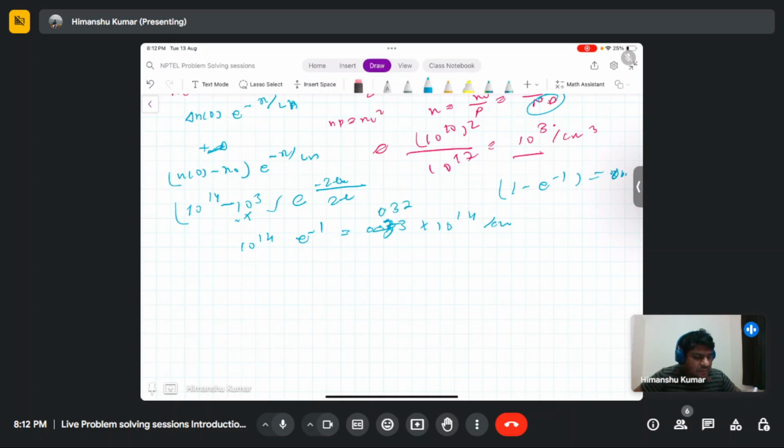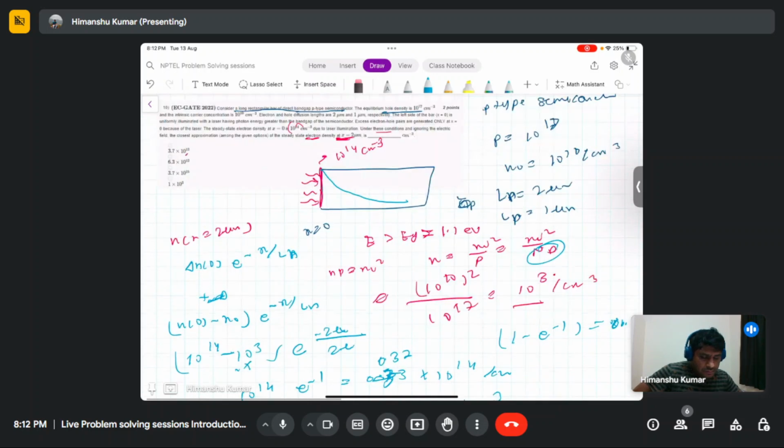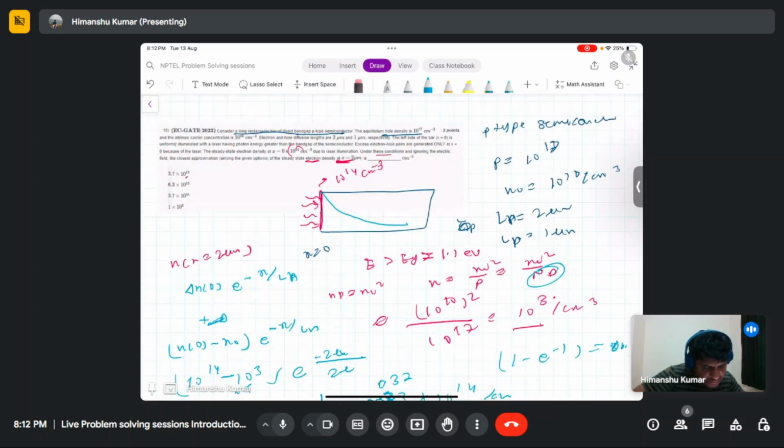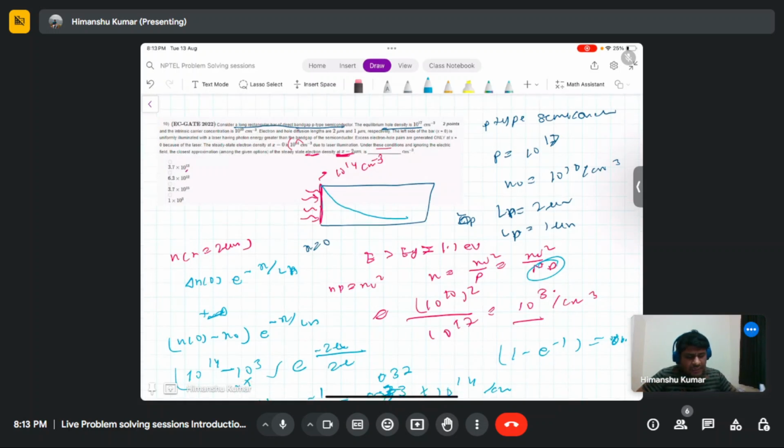So this will become 3.7 times 10 power 13 per centimeter cube. This is the profile, and the final answer you will get is around this, so option A is correct.